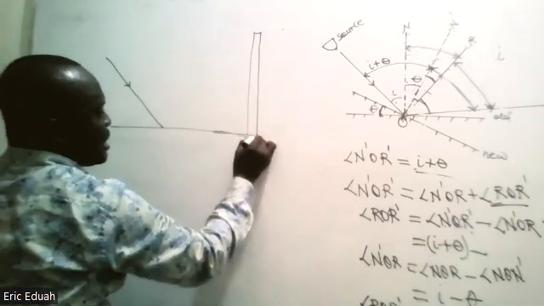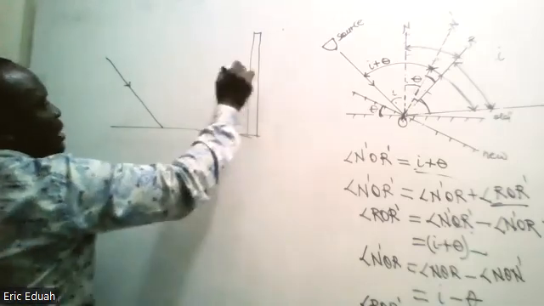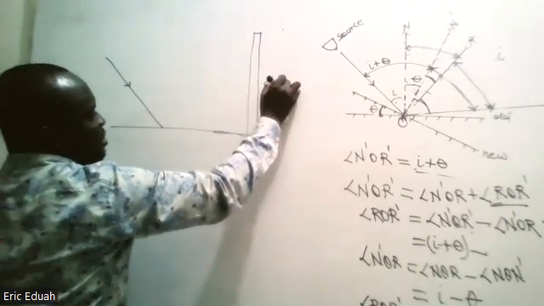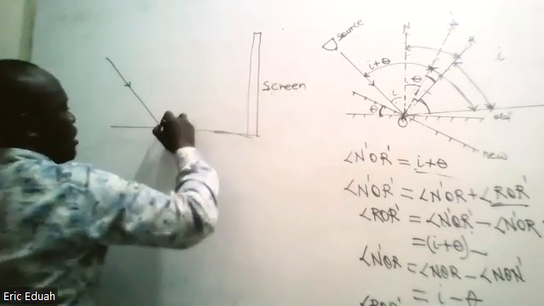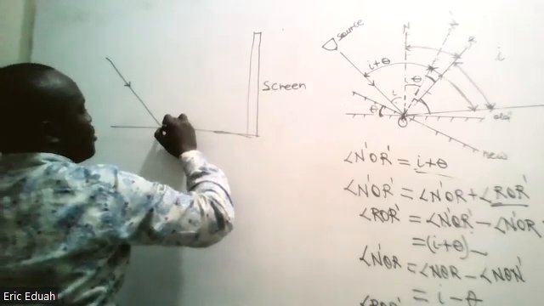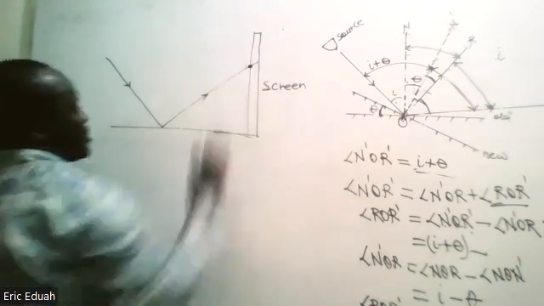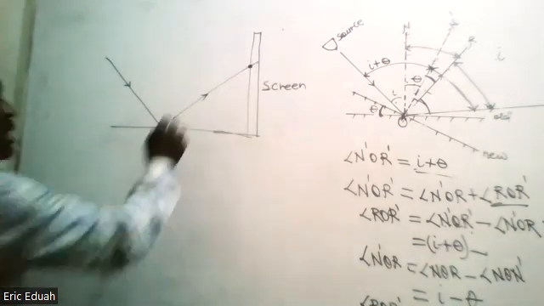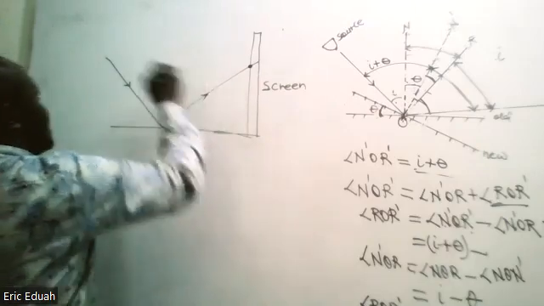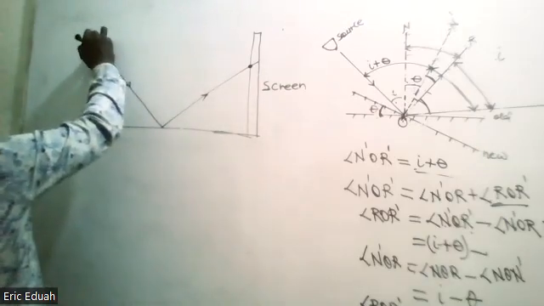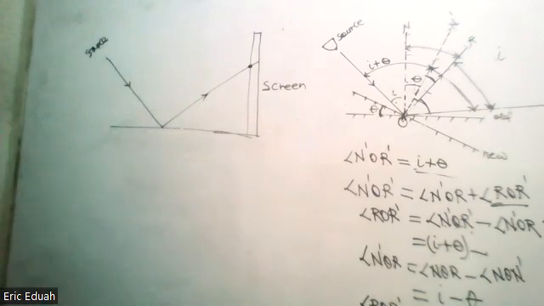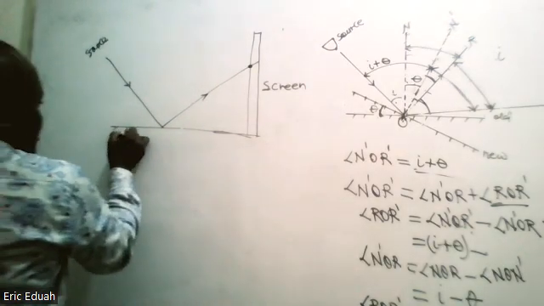Once it's a screen and there is a spot, that means that a real image will be formed on the screen. So this reflects, producing a spot on the screen. Don't forget, this is the incident, this is the reflected ray, meaning the source is here. Now the mirror is rotated through an angle theta.